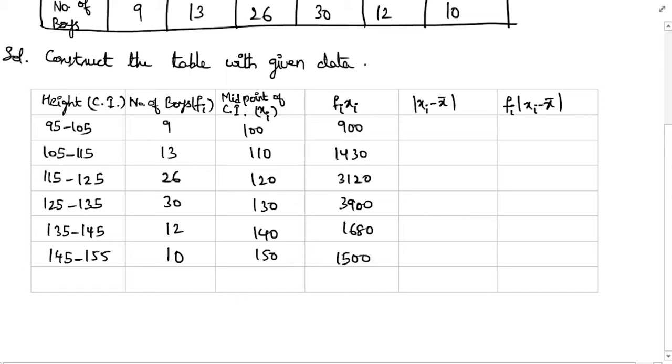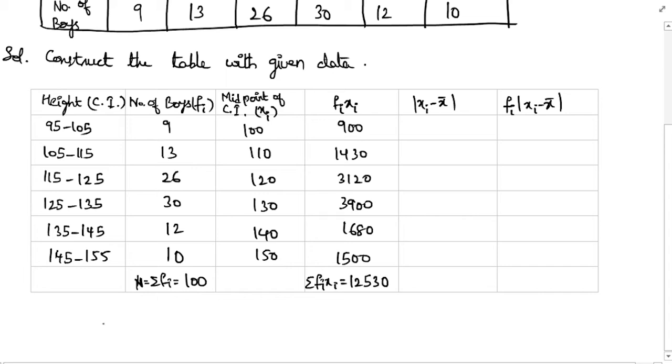Now xi minus x bar. The x bar value we have to find, but before that we will do the summation here. n is equal to the summation of fi, which we get as 100. And the summation of fi xi is equal to 12,530.